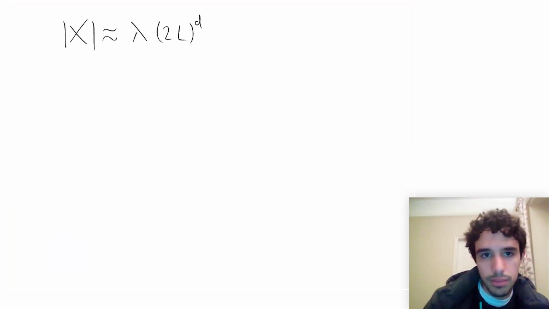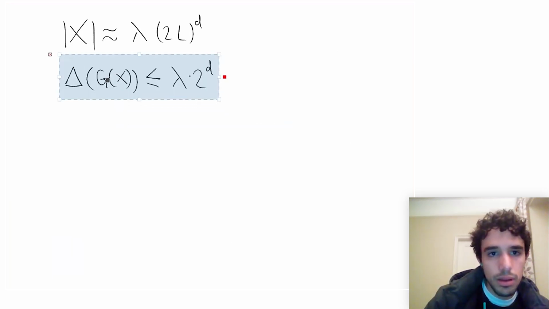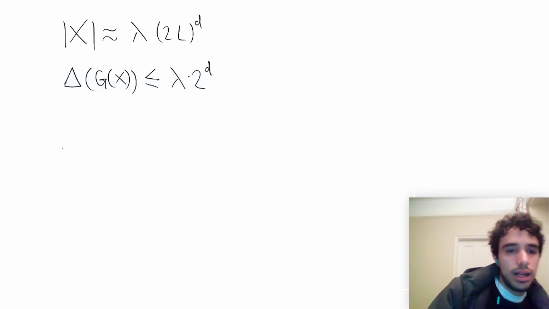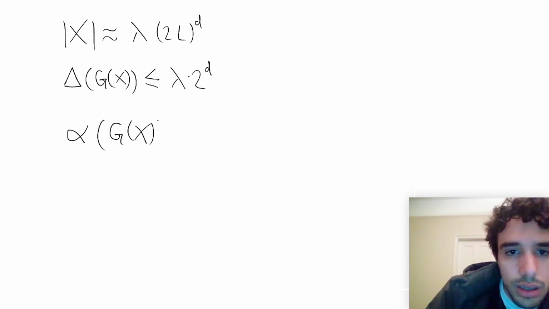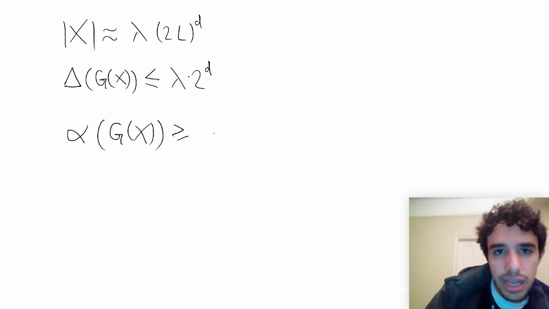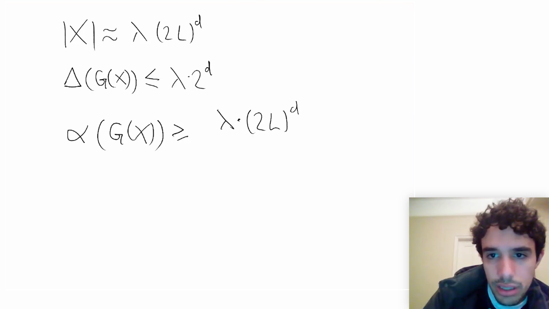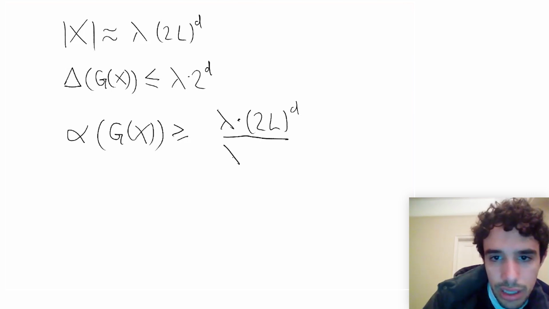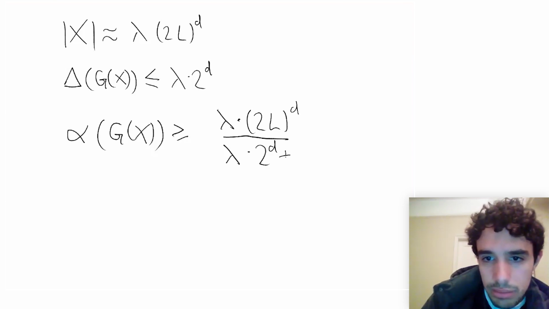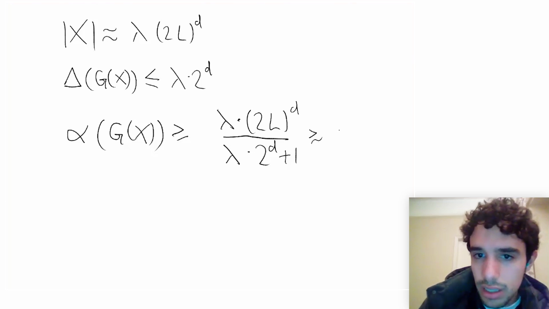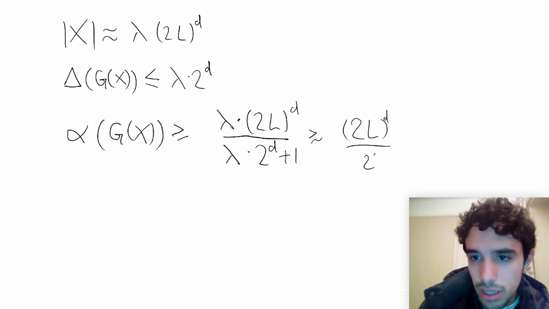Okay, so now we have alpha of G_X is going to be bigger than the size of X, which is lambda times 2^{-l} d... over lambda times 2^d, plus 1. So the lambdas cancel, and you basically get 2^{-l} to the d over 2 to the d.